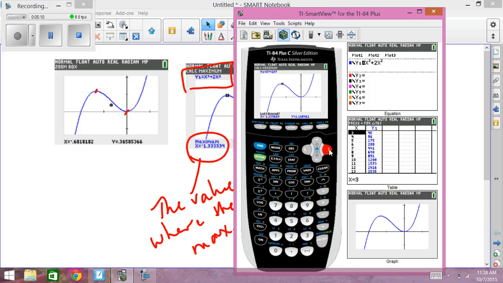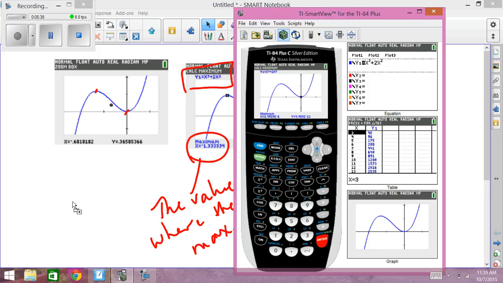We want to move the spider to the left of it, hit enter, and move the spider to the right of it. Hit enter. And then it asks for a guess, so I hit enter again. Okay, and there's the minimum of this function.